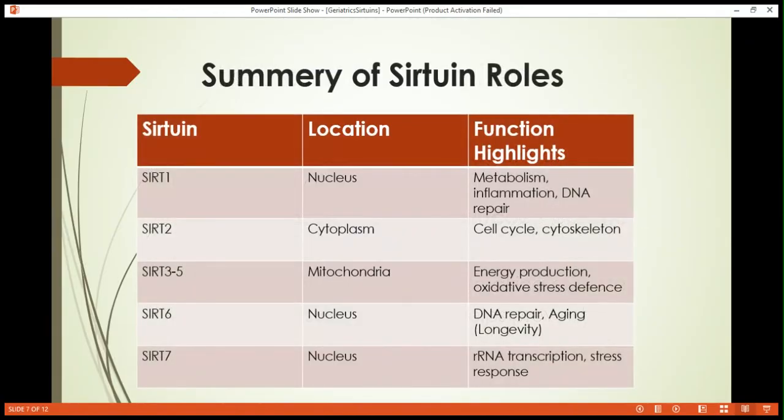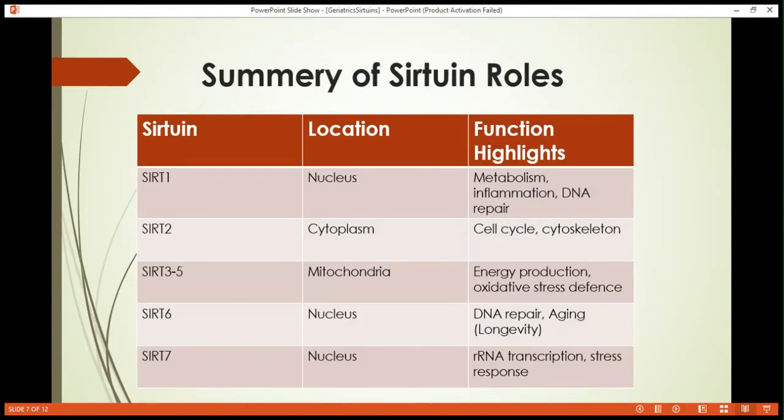So a summary of the locations and roles for these Sirtuins is that Sirtuin number 1, which is located in the nucleus, helps in metabolism, inflammation, and DNA repair. Then Sirtuin number 2, which is located in the cytoplasm, which is part of the cell, helps in the cell cycle and cytoskeleton.